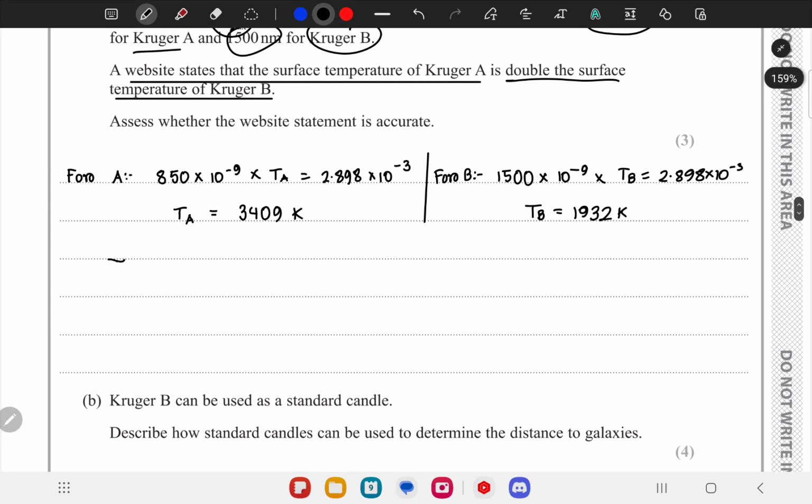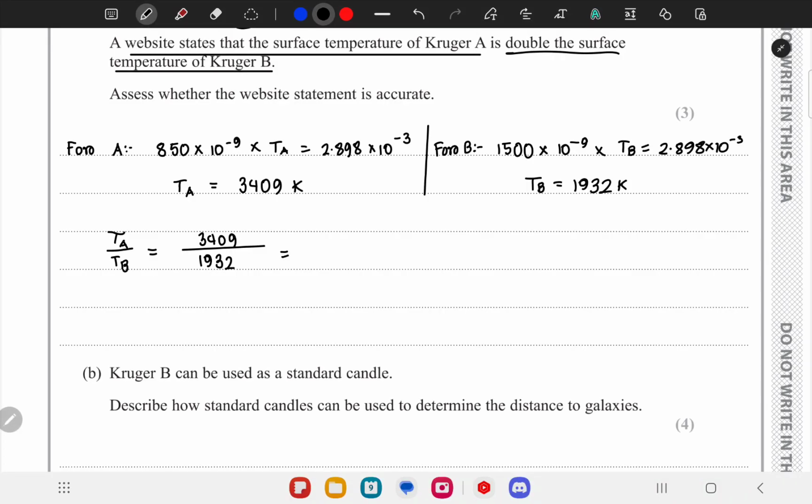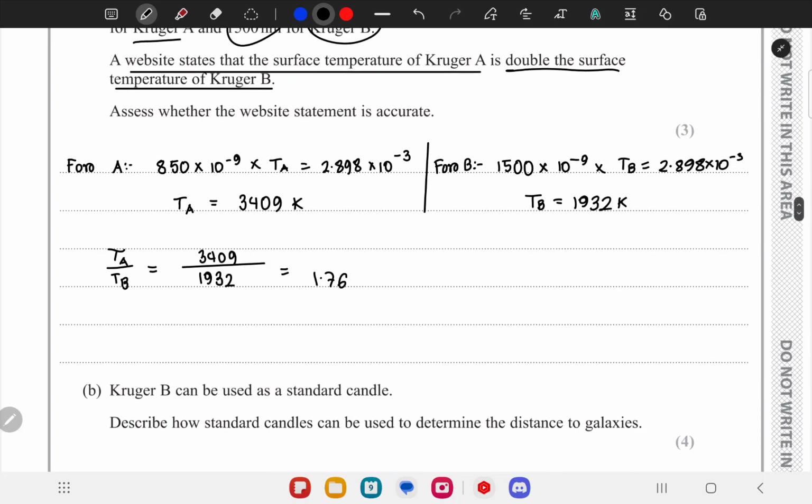So the ratio of the surface temperature of Kruger A against Kruger B would be 3409 divided by 1932, which is 1.76. So the surface temperature of Kruger A is slightly less than double. So this is less than 2.00.